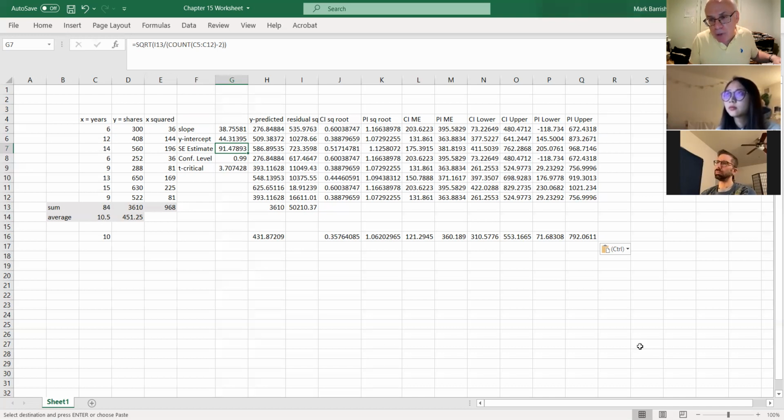You multiply that by 2, and then you compare that to whatever alpha is. Alpha will be quoted, and if the p-value is less than alpha, then we reject the null hypothesis that the correlation coefficient is 0, and we state that it's non-zero. It's significantly different than 0, and that's the t-test for the correlation coefficient.